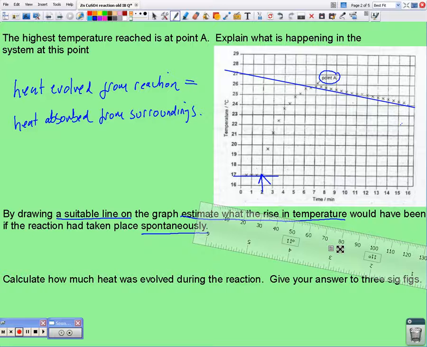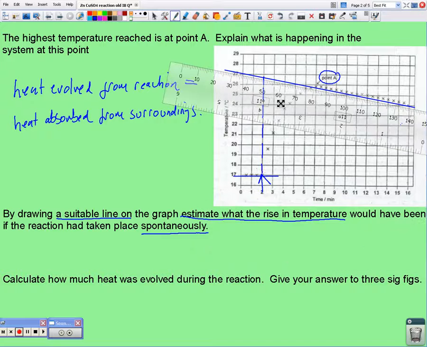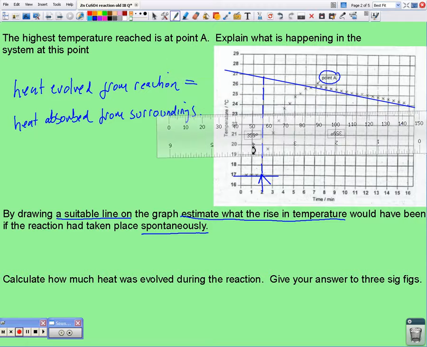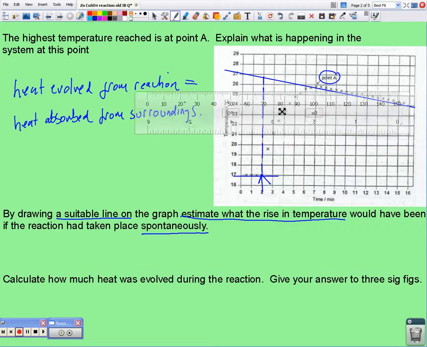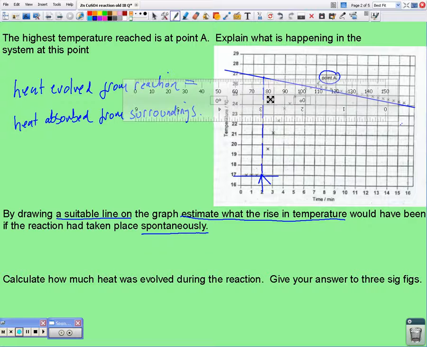and then I can see that at this point here, this temperature change should move across to my axes at that point there.